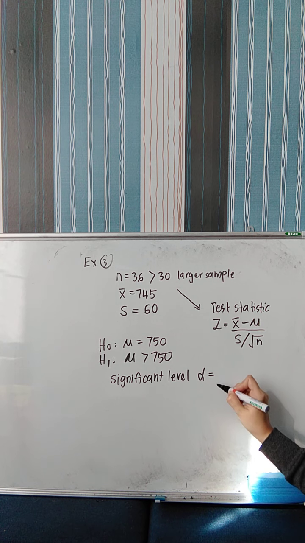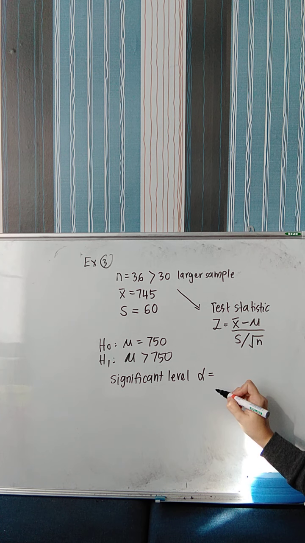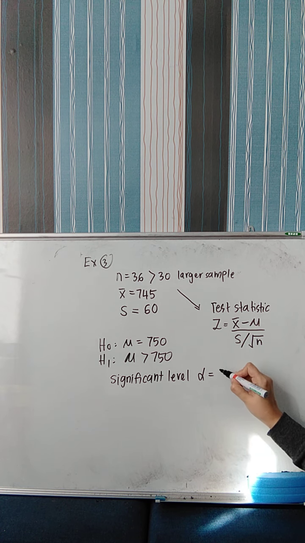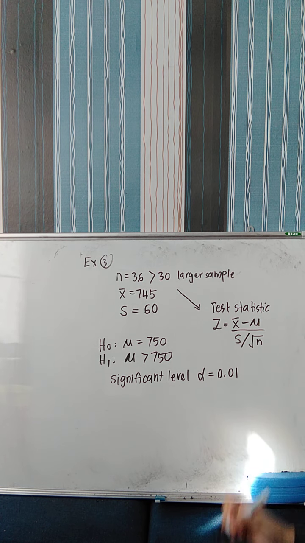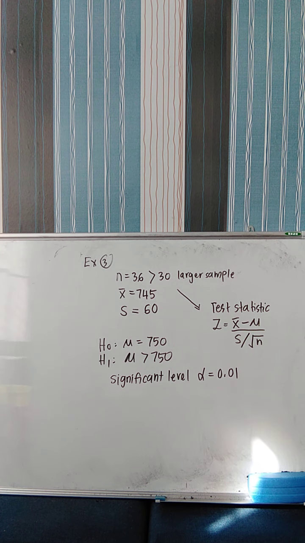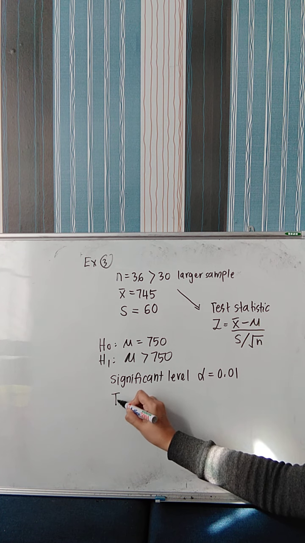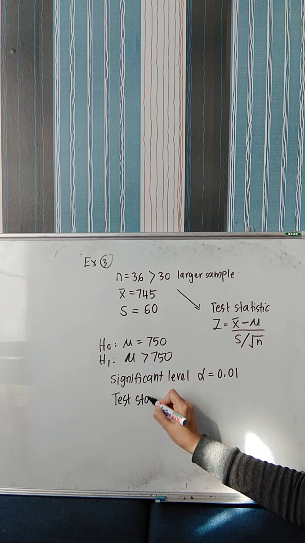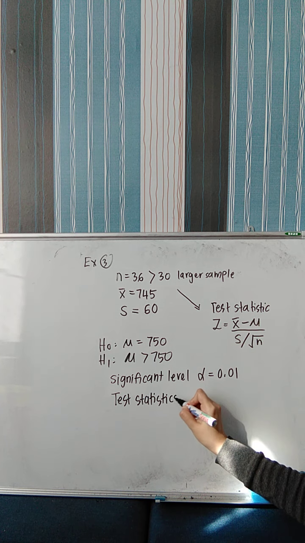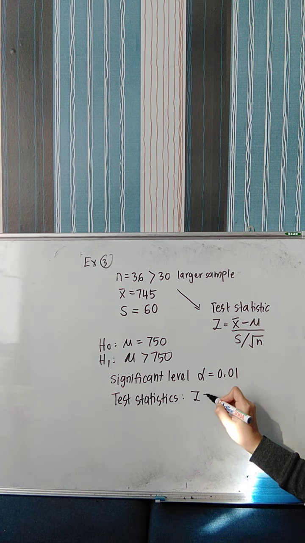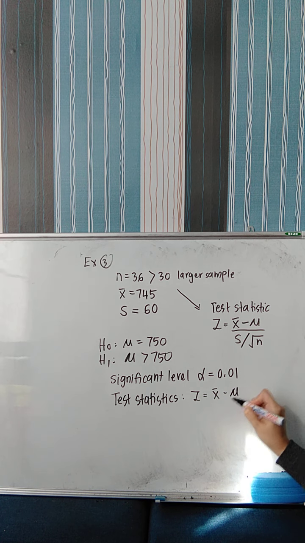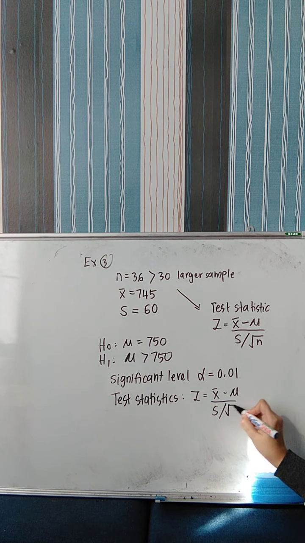This is alpha equal to 0.01. Continue to the test statistic: Z equal to x bar minus mu over S divided by square root n.